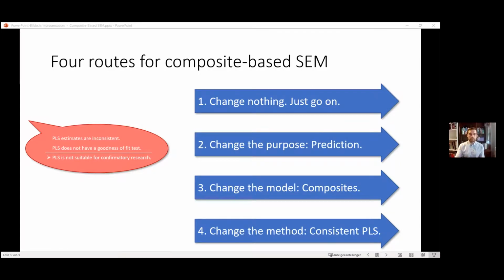So I think that prediction is definitely interesting. Change the model to composite? Well, then we change the underlying population model. We need to justify that model. We need to say in which kinds of circumstances this one is appropriate. And there are, of course, circumstances where we have such a population model.